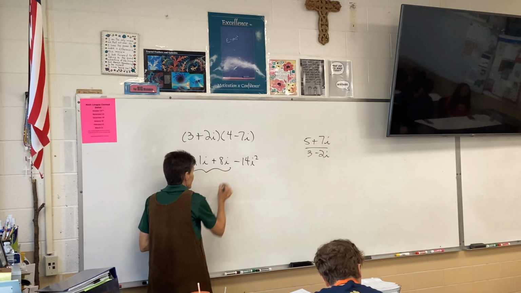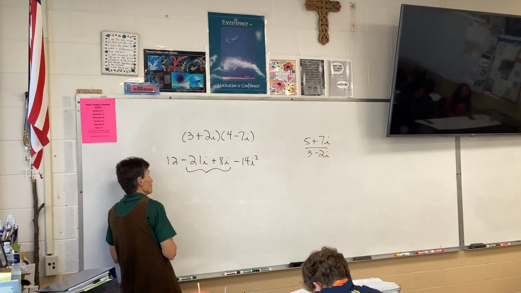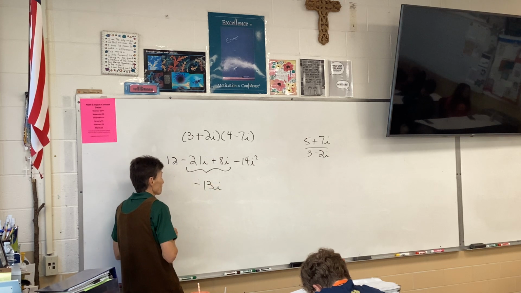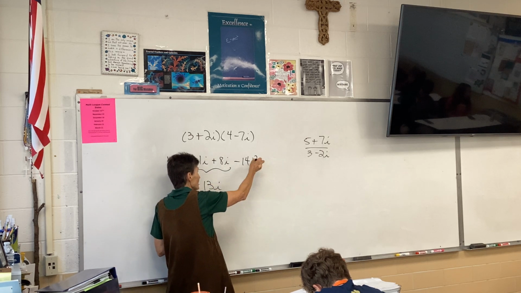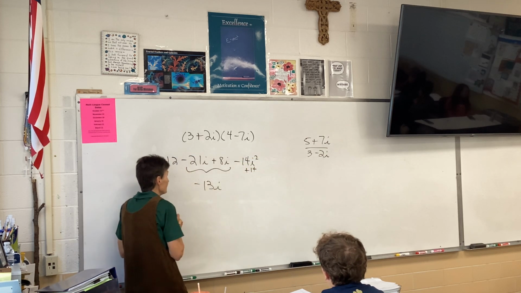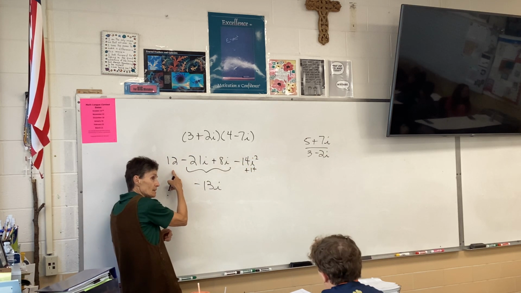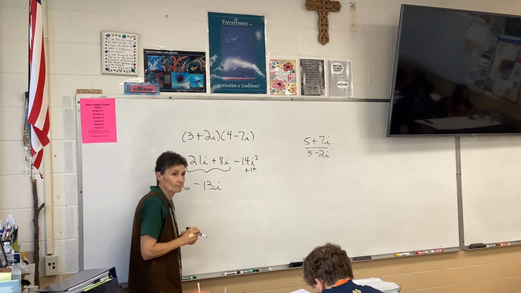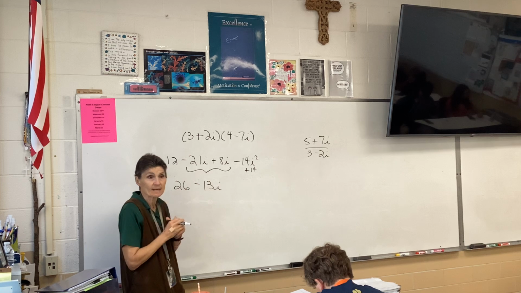These 2 obviously add, they are like terms, so that will be negative 13i. And then what about this guy right here? Negative 14i squared goes to a negative. He becomes a plus 14, which can add to the 12 and make 26. And that's it, that's the answer.